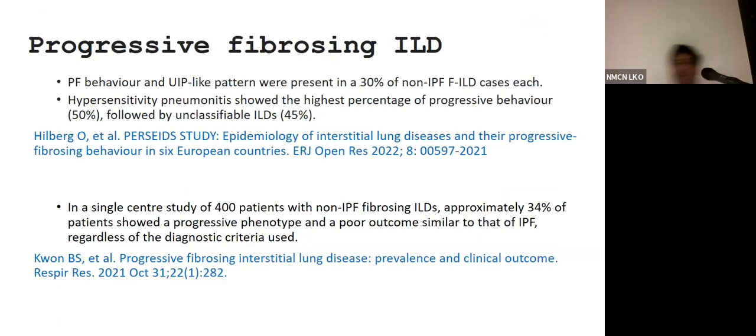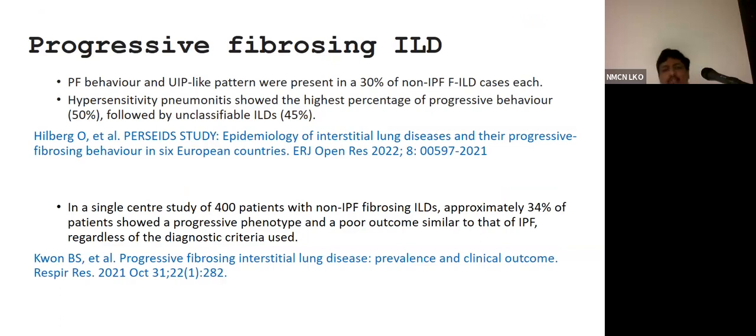Now, in a study done in Europe in 2022 by Hilbert et al., it shows that progressive fibrosing behavior with UIP-like pattern was present in around 30% of non-IPF ILD cases each. And hypersensitivity pneumonitis showed the highest percentage of this progressive behavior, around 50%, followed by unclassifiable ILD, at around 45%.